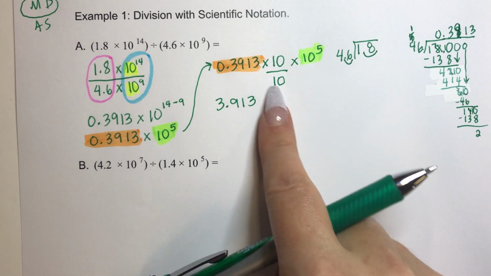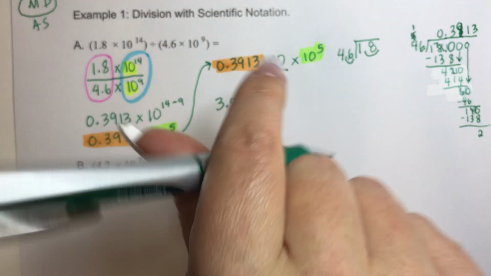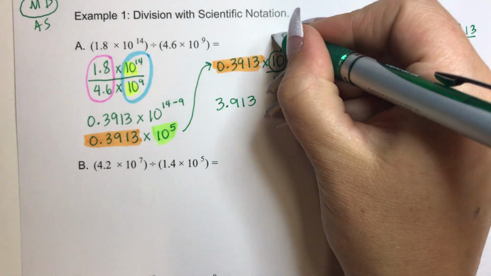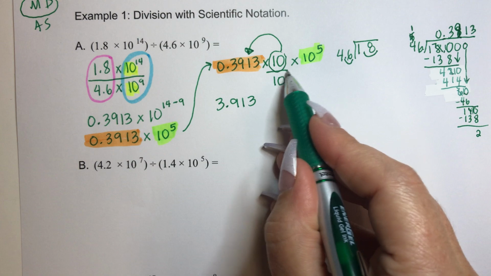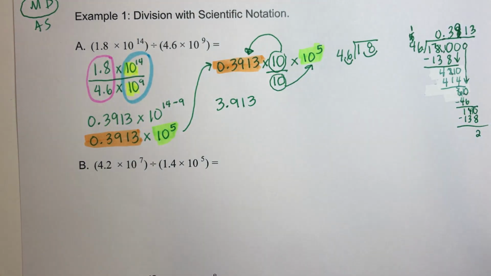So this is 10 divided by 10. It's the same 1. So what I'm going to do is I'm going to be tricky. This part of the 10, I'm going to use that to multiply here. And then this part, this divided by 10, that's going to go here.